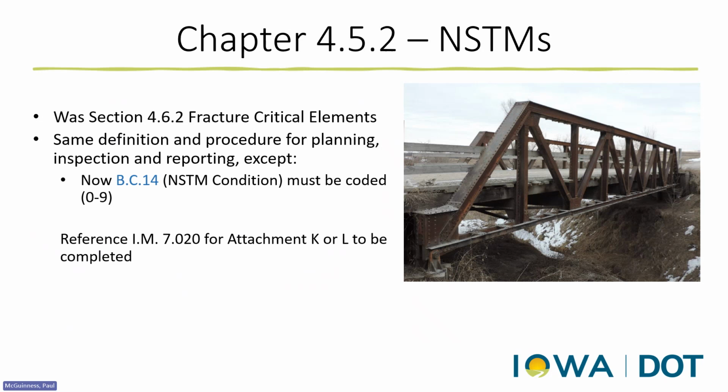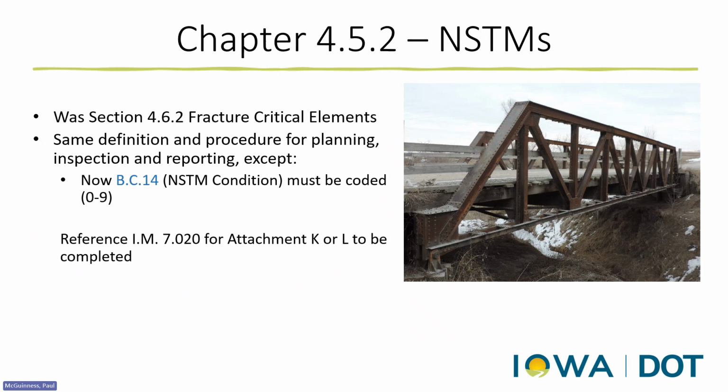And then NSTMs, we've touched on these in a couple different ways, but in this section not much has changed except now we call these NSTMs and not FCMs. Probably the tricky area, and always has been and still is, determining which floor beams are considered NSTMs and which ones are not.